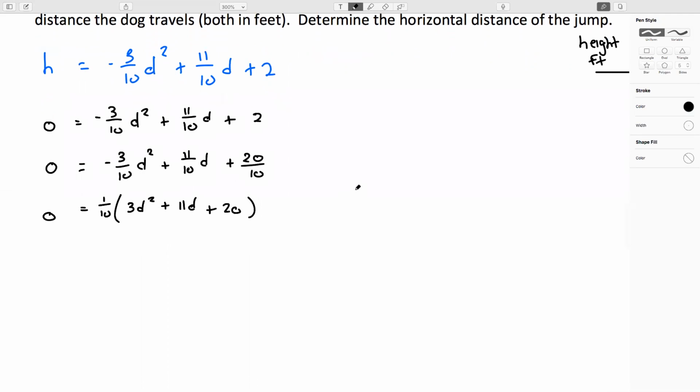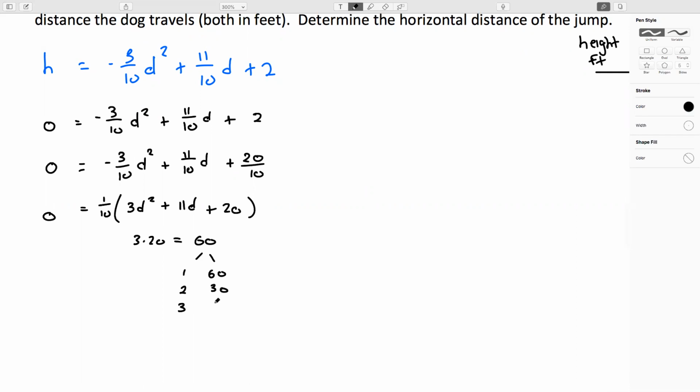So just as we've done before, you start by taking your 3 and your 20 and multiplying them together. So take 3 and 20, 3 times 20 equals 60. We have to then figure out the factors of 60. There's 1 and 60. There's 2 and 30.